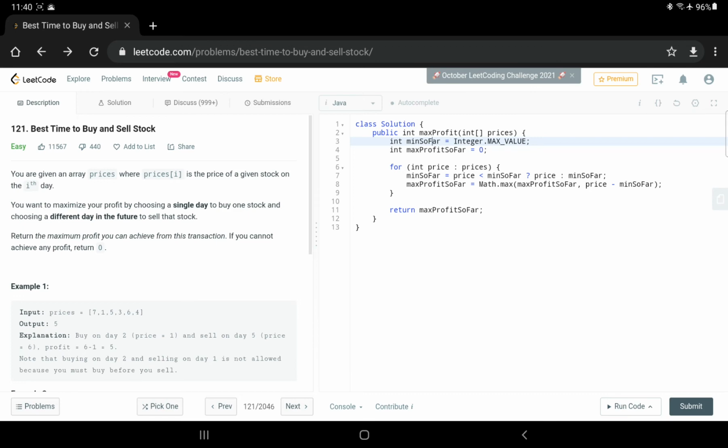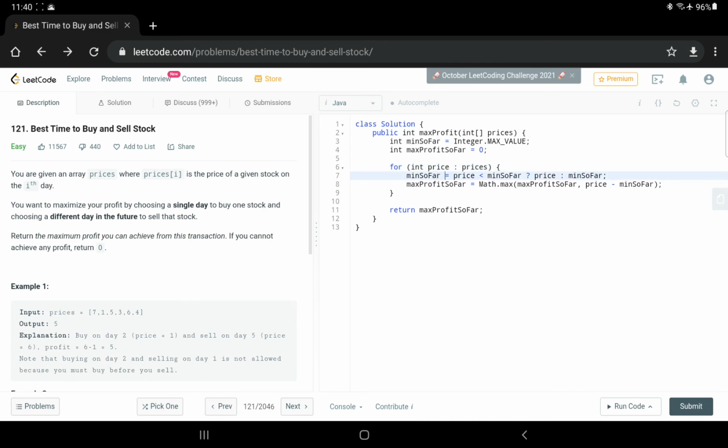So we give the min so far the max value, so that immediately on the first item we would update it to the current minimal so far value. And then we update the max profit so far to 0, again according to the pattern of setting the variable to the other extreme. And then we loop, a single loop.